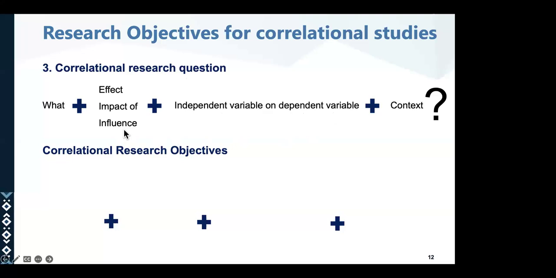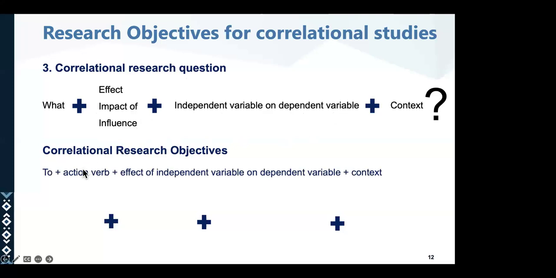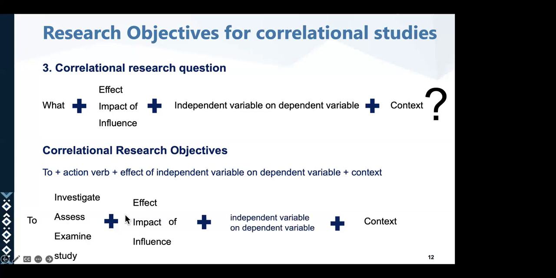A correlational research objective will also be written from the correlational research question. The template will be something like "to" plus your action verb, then the effect of the independent variable on the dependent variable, and then the context. To investigate the effect of, to assess the impact of, to examine the influence of.